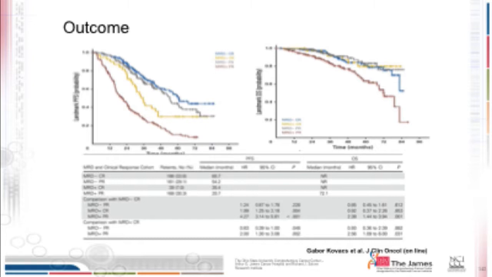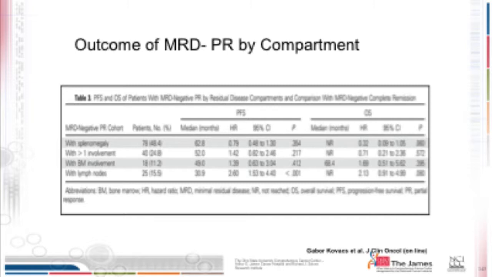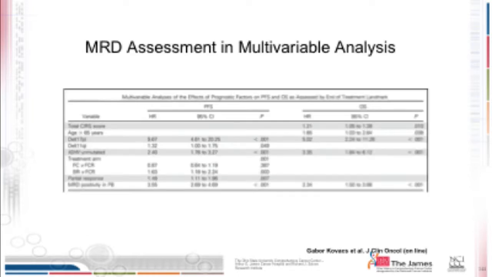But if you had lymph node disease that was positive, your MRD negativity was not as important in terms of outcome. And again, the same thing translated into progression-free survival and overall survival in a multivariate analysis.